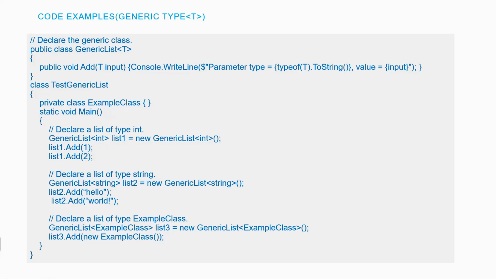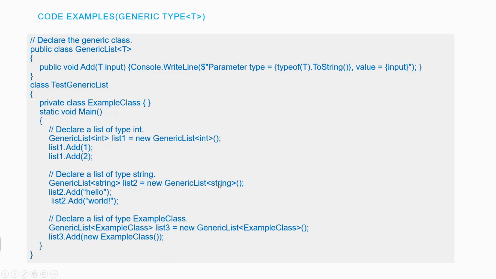So whatever you can imagine, you can substitute T for that data type. So list1 is equal to new GenericList<int>(), and list1.Add(1), list1.Add(2), because these are of type integer.